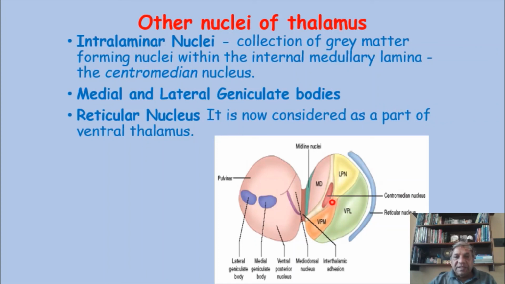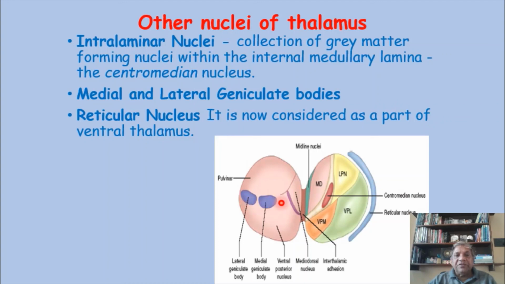But this other nucleus is present within this lamina. This gray mass present within the white matter or lamina is called the centromedian nucleus.